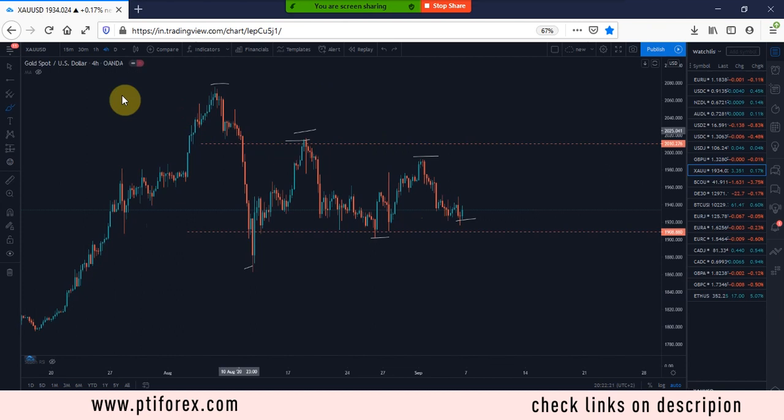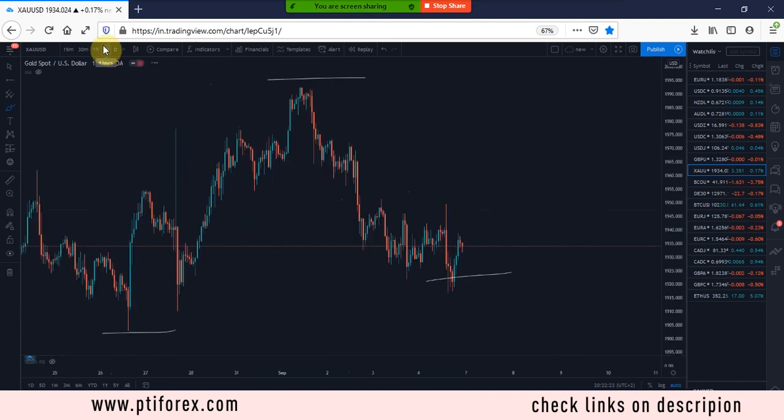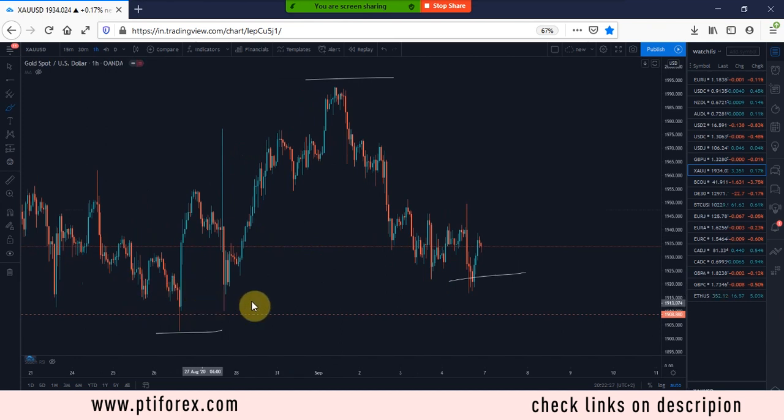So now let us just look at the 1 hour for a clear picture. Now we are expecting to see buying opportunities down here because it is buyer's territory. What you have to do is apply the same principle that you would apply when trading a trending market, as I was illustrating.